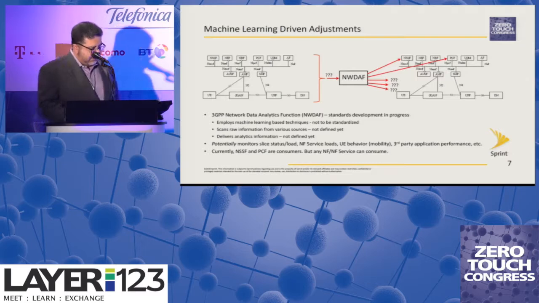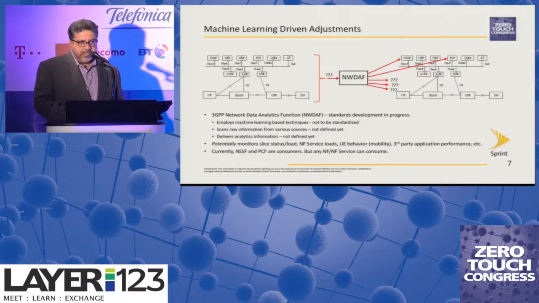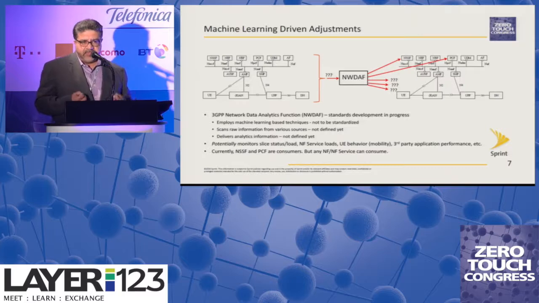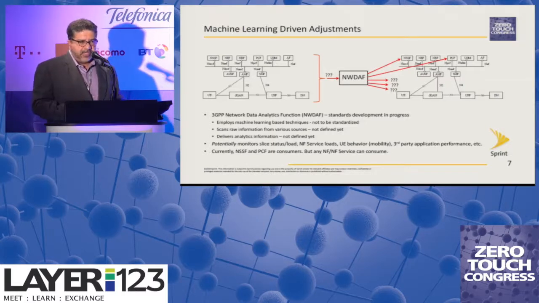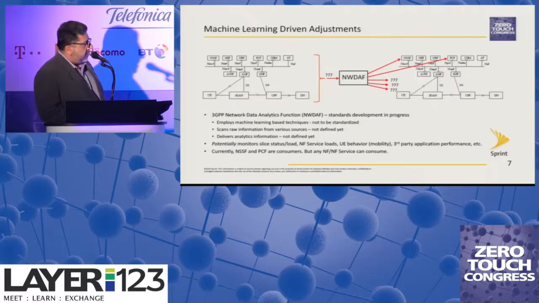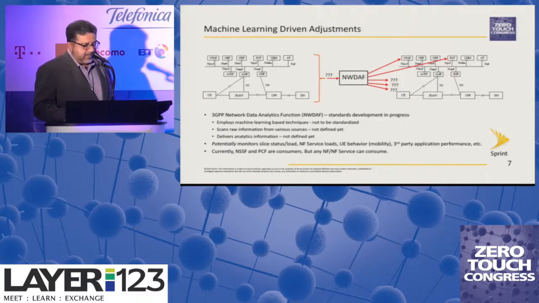Then it's going to crunch through some analytics and output some derived or concentrated information that something could take an action on. And on the other side, so far we have identified two entities, the network slice selection function, NSSF, and the policy function. But really any entity, including applications, could be the consumers of this data.